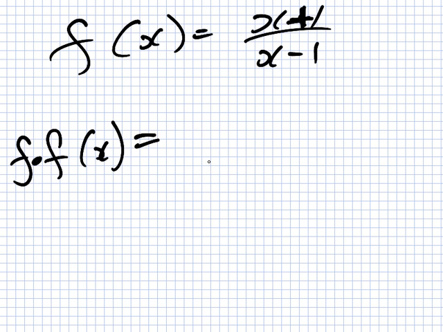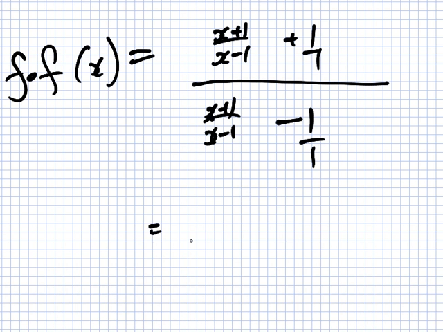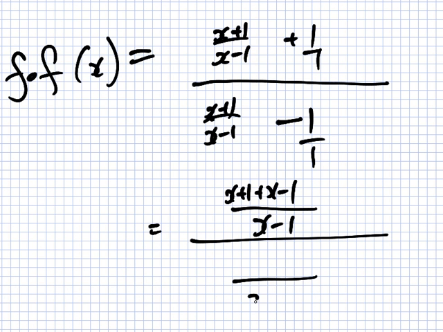This is x plus 1 over x minus 1, plus 1 over x plus 1 over x minus 1. Don't these cancel? No. This is x minus 1, and here that's x plus 1 plus x minus 1, and here this is over x minus 1, and that's x plus 1 minus x plus 1.